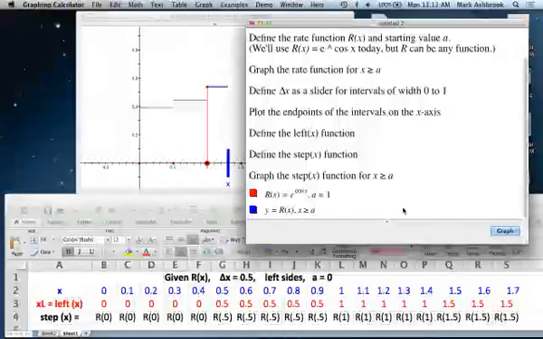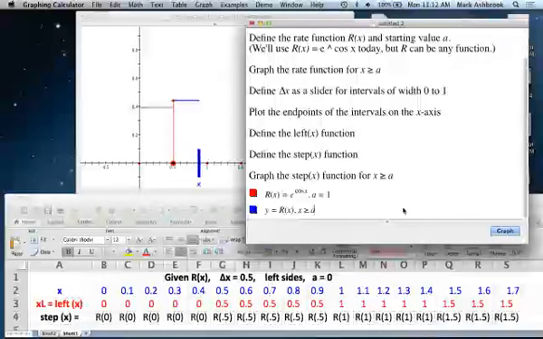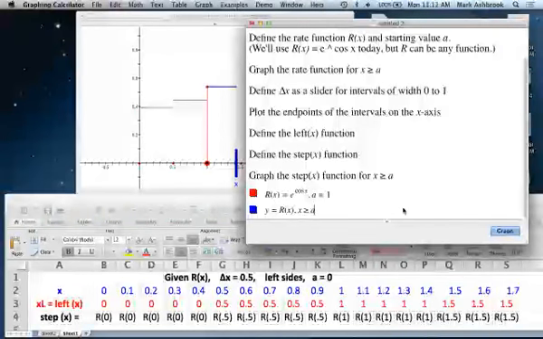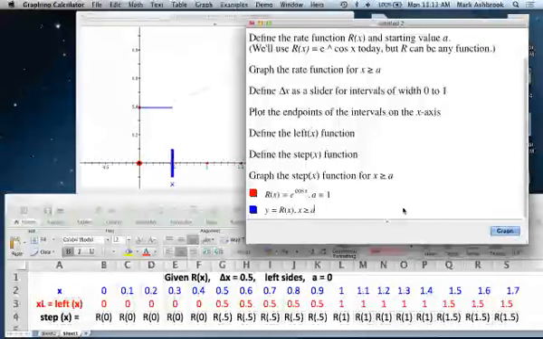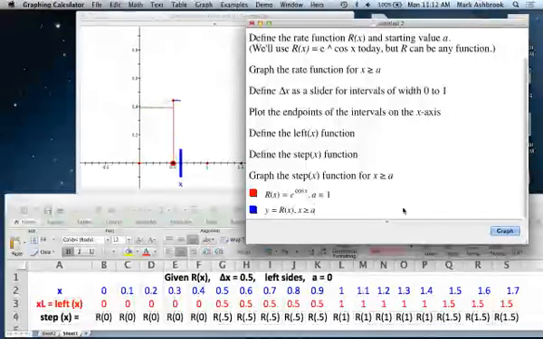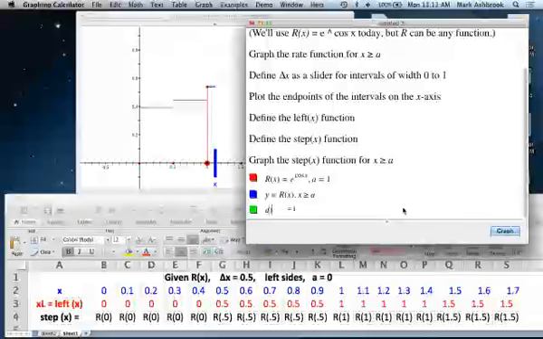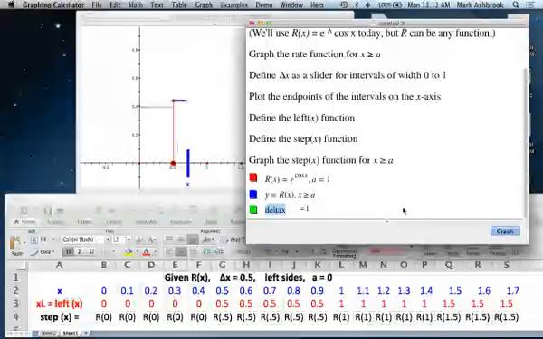So you just define your parameter, whatever it is, equals, right, just write slider.